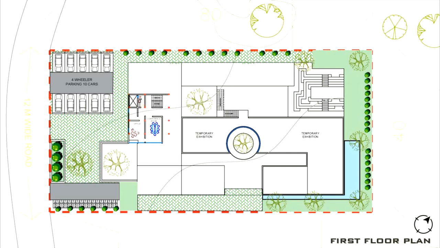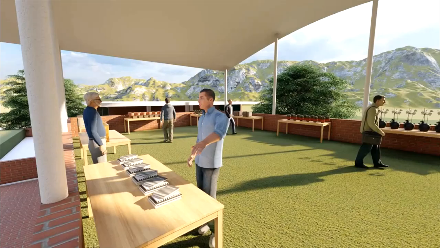And there is a temporary exhibition which can be accessed by the circular ramp and the staircase from the cafeteria. There is a space which is connected with the temporary exhibition which can be used for relaxing and which creates a visual connection with the surrounding.